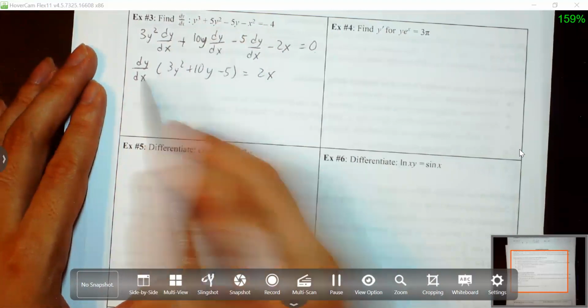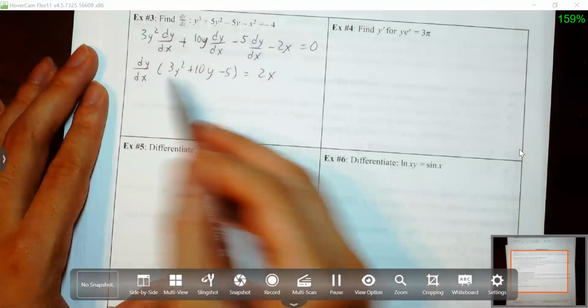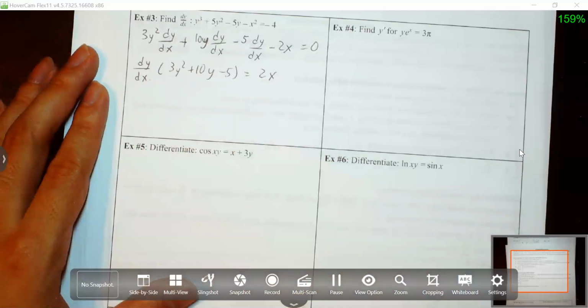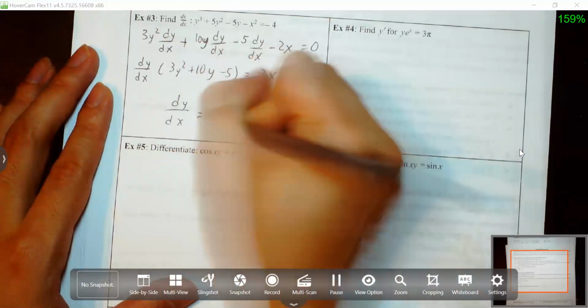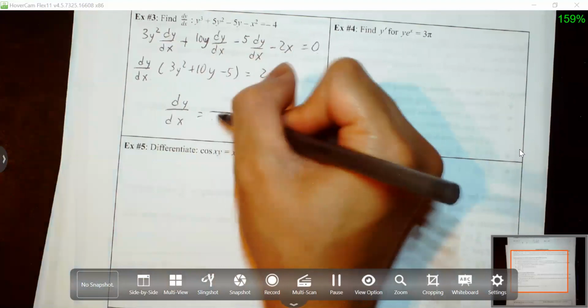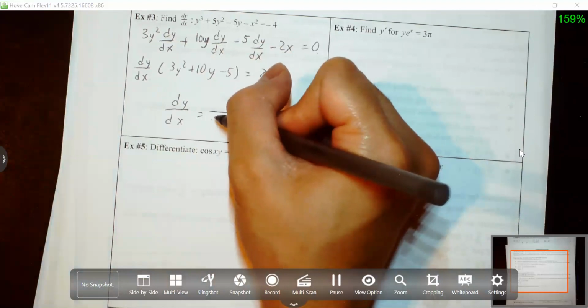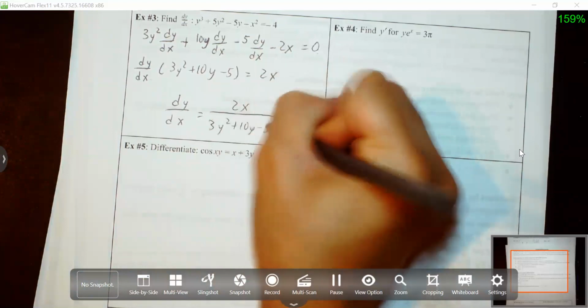So I know I'm going to divide both sides by the 3y squared plus 10y minus 5. So that must mean that dy/dx is equal to 2x over (3y squared plus 10y minus 5).